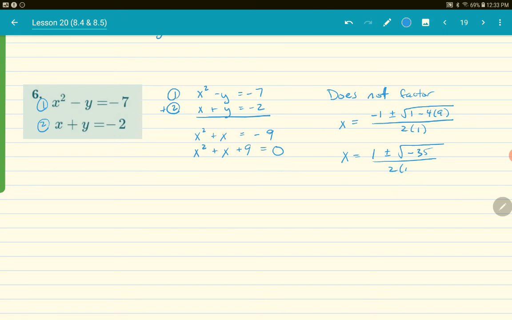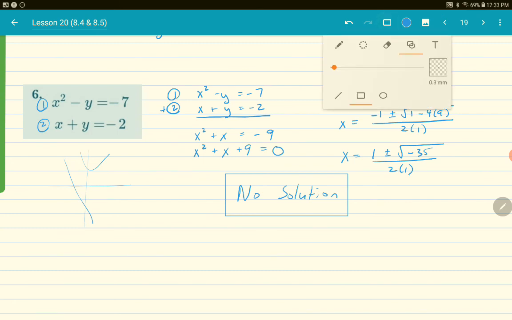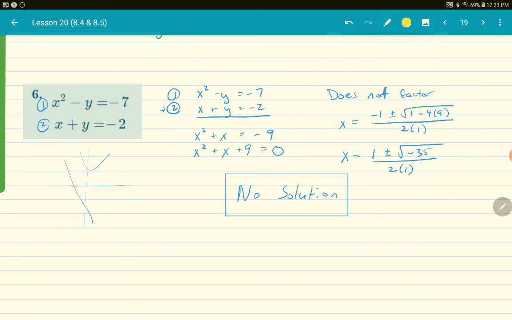That's not real. So this must be shaped something like this where those don't touch. So there's no solution to this one. So if you get a number that's not real, looking at a system, then there is no intersection, no solution.